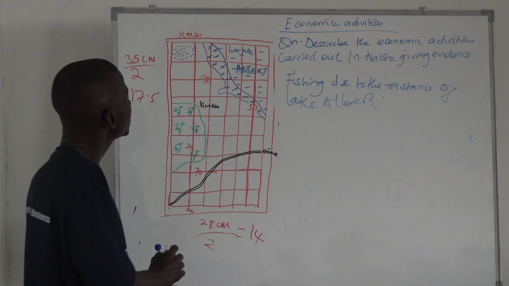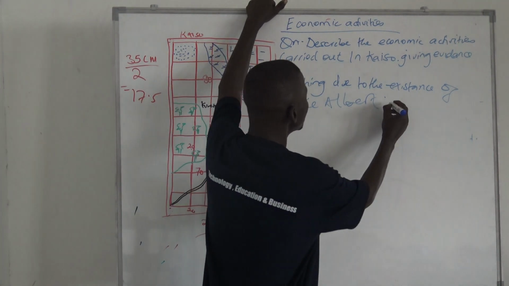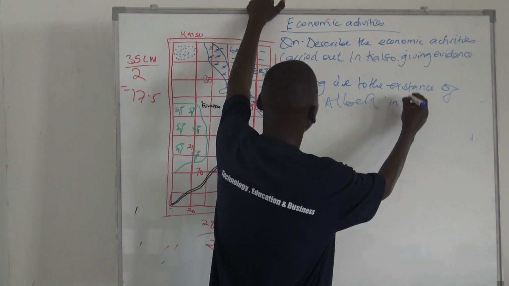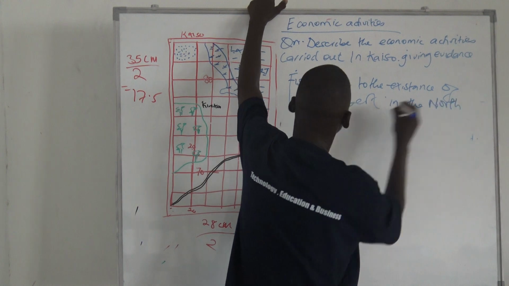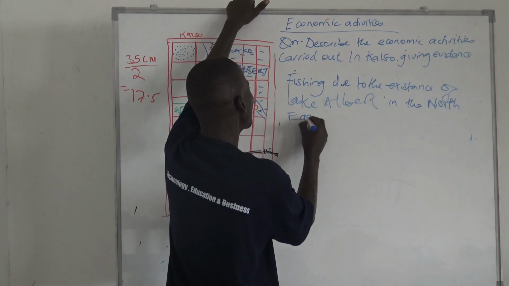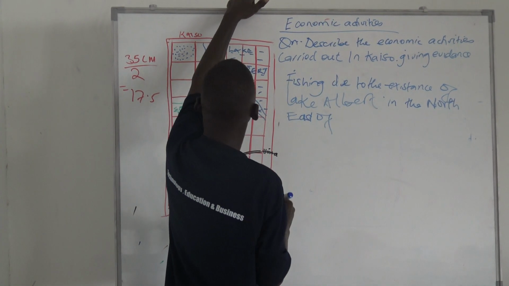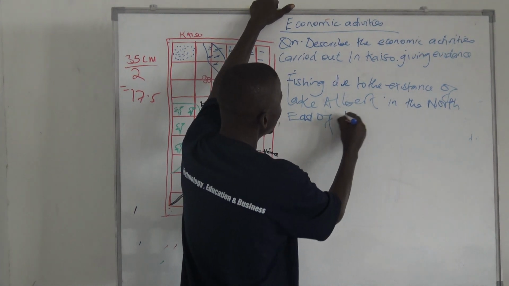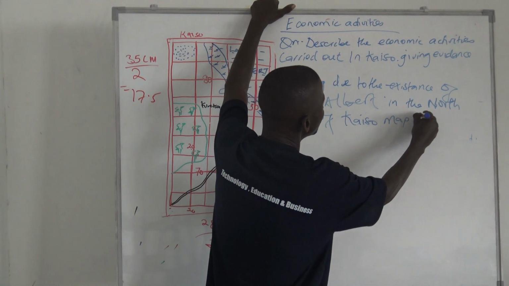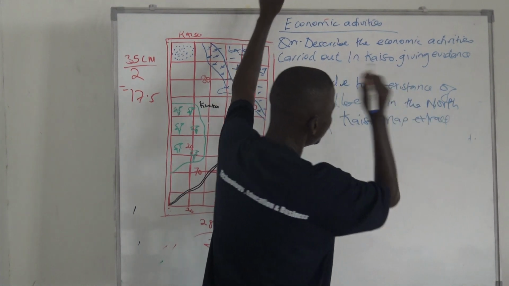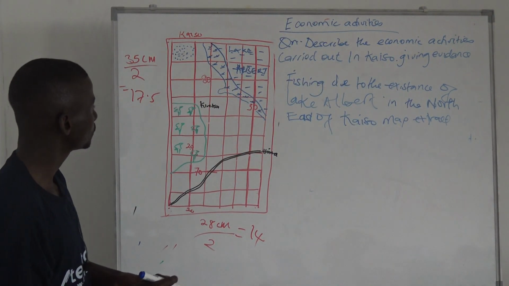But where have you seen it? In which direction? You say in the northeast of KAISO map extract.